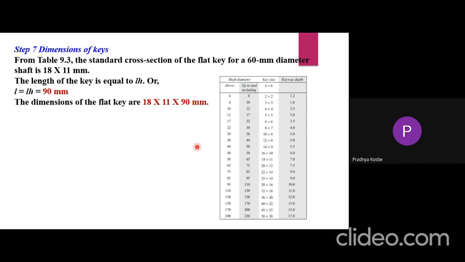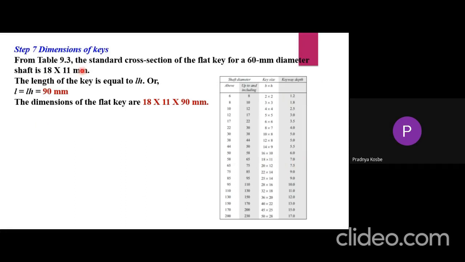So above 58 mm shaft diameter and up to 65 mm shaft diameter, key size is 18 into 11 and key depth is 7 mm. Here shaft diameter is 60 mm, so it is lying in between 58 and 65. So key size will be 18 into 11 and key depth is 7 mm.